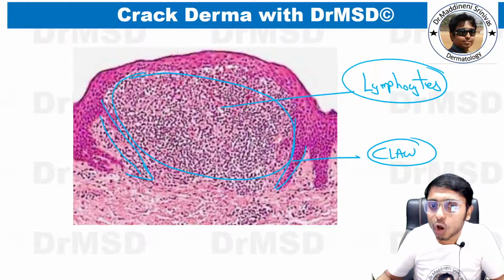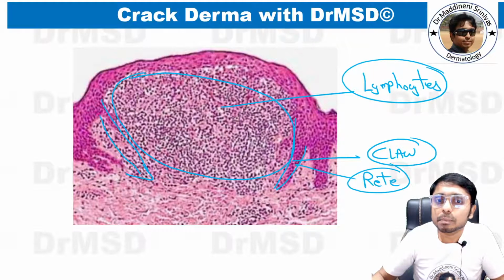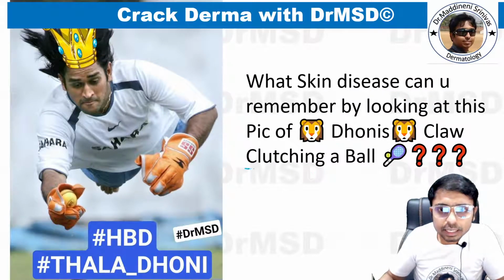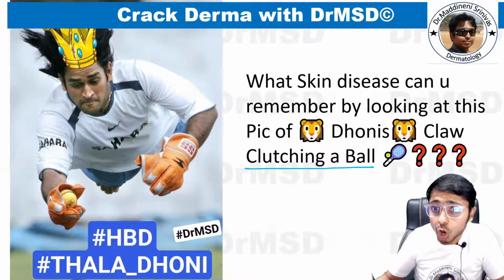So this claw, which is actually the rete, and this ball which is actually a lymphocytic collection, both put together are given a descriptive term called claw clutching ball appearance.